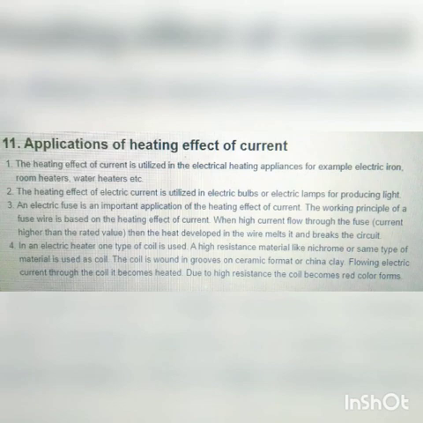It has high resistance and a low melting point. So if all of a sudden a strong current flows through it, the fuse melts away and the circuit breaks. Thus, the main installation is saved from getting damaged. It is also used in an electrical heater.